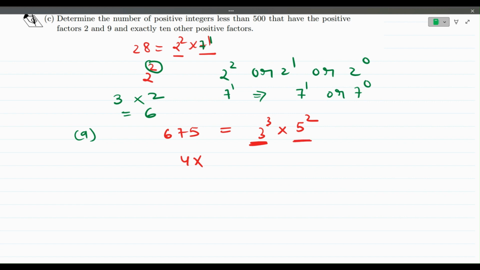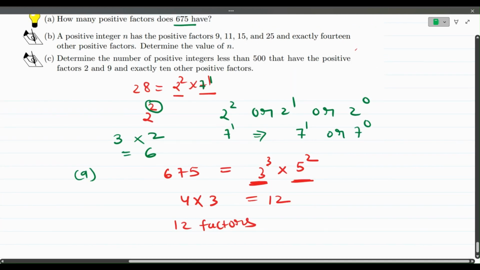And factor 5, this is 5 to the power of 2, so it has three choices: 2, 1, and 0. So 4 times 3, this is 12. So 675 has 12 positive factors, right? Okay.